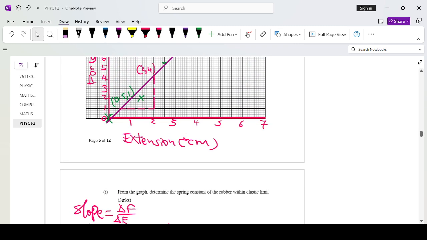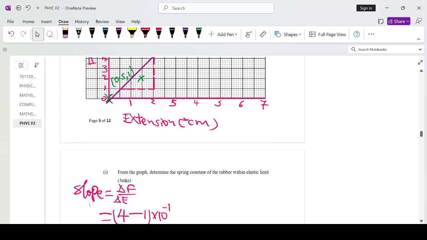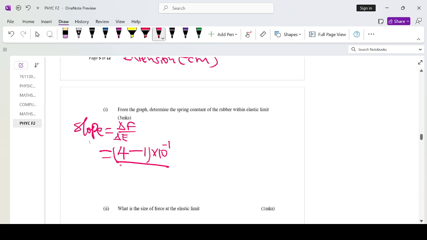Divide by change in extension, that is 2 minus 0.5. So this will be 4 minus 1 is 3. 3 times 10 negative 1 will now be 0.3.